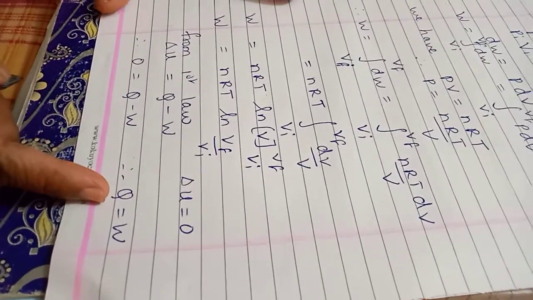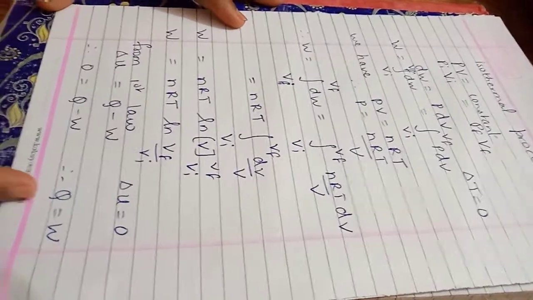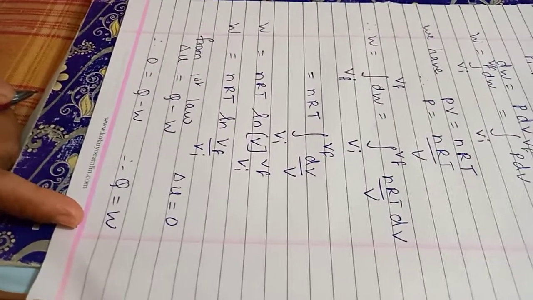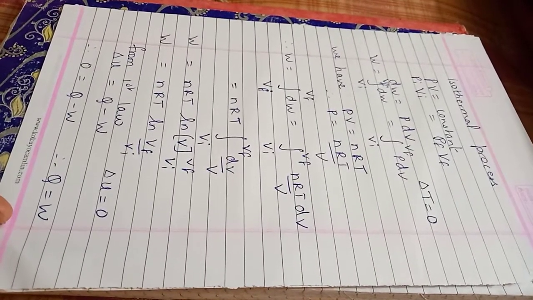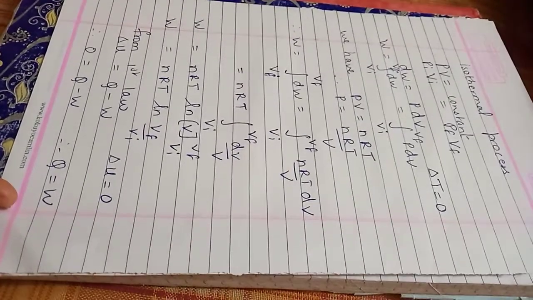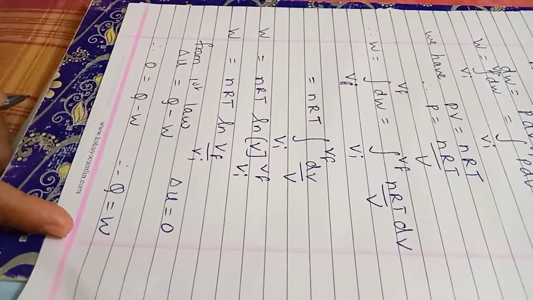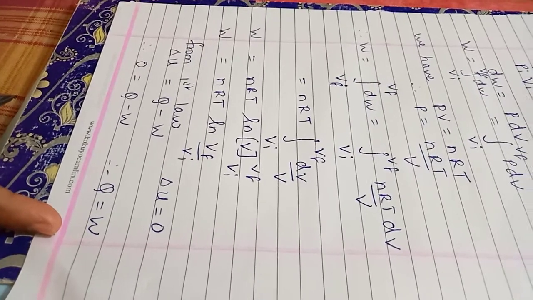Q is heat energy. W is the mechanical work. What does it mean? Whatever amount of heat energy is supplied to the system is utilized in the form of work done. So, heat energy supplied to the system is converted into work. The heat energy supplied is not utilized to increase the internal energy.